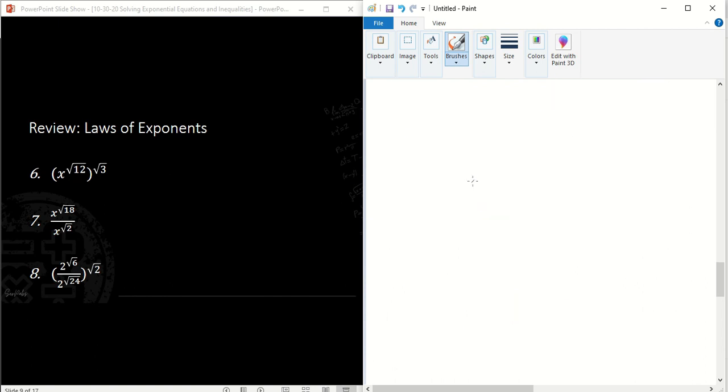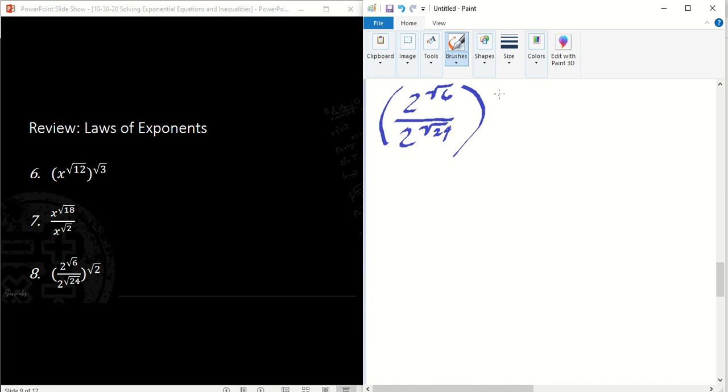Okay, example 8. So, medyo komplikado, madami. So, unahin muna yung loob ng parenthesis. Yun muna unahin natin. So, we have 2 raised to the square root of 6 over 2 raised to the square root of 24.